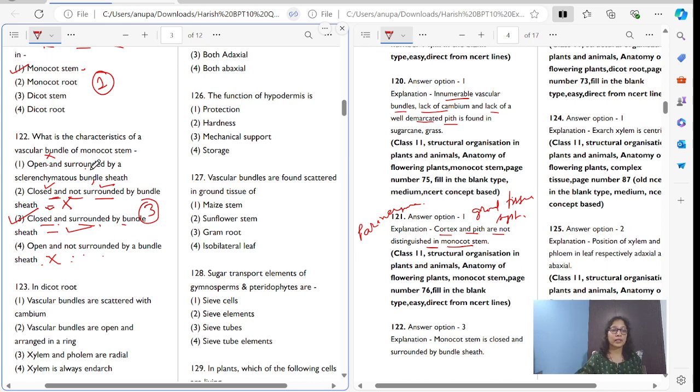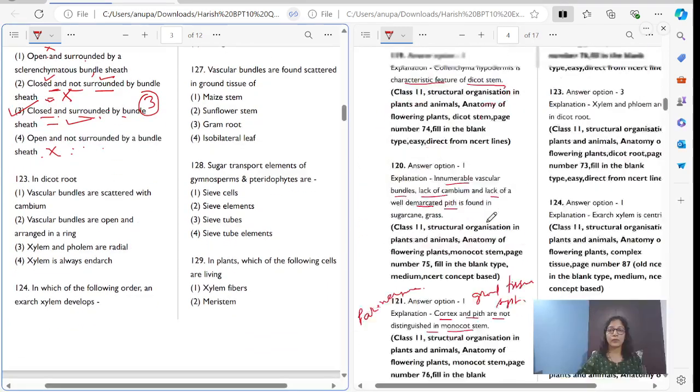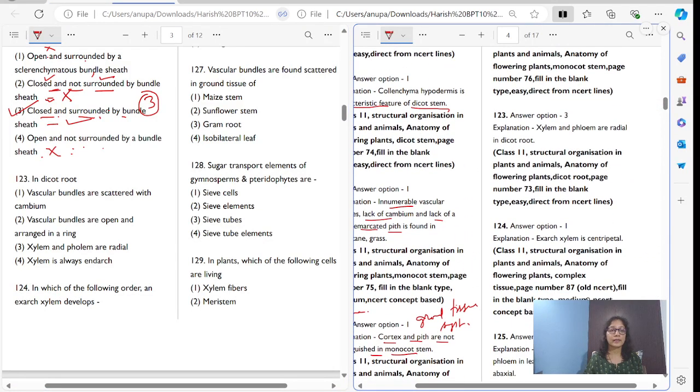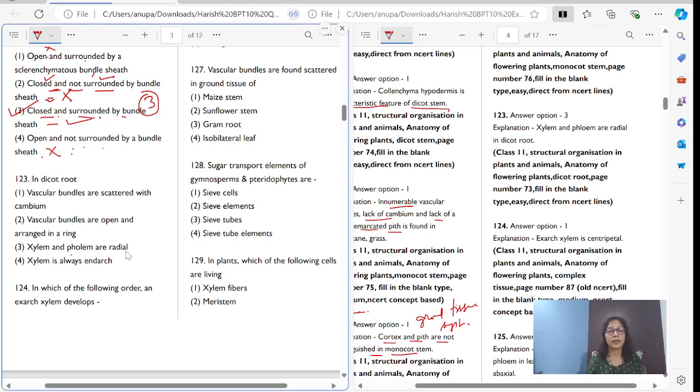Now let's move to the next question, that is question number 123. Question number 123 states that in dicot root, we have to find what is true. The first option is vascular bundles scattered with cambium. Second option is vascular bundles are open and arranged in ring. Third is xylem and phloem are radial.